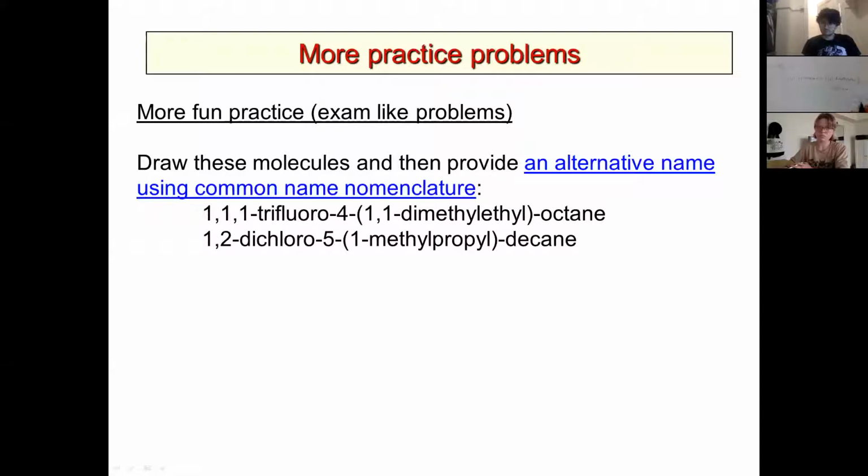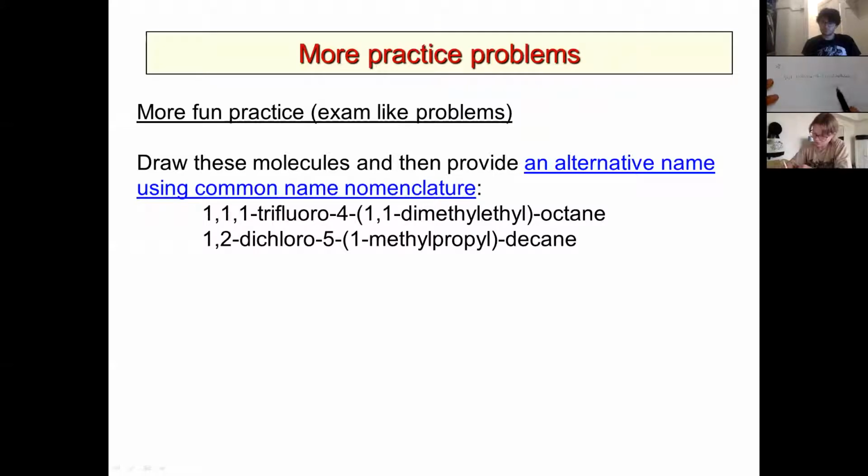All right, so I'm going to try to draw this out as a zigzag first. That would help. When I say zigzag, I mean skeletal, right? And then we'll add everything in, and then we'll try to convert it to the alternate name.